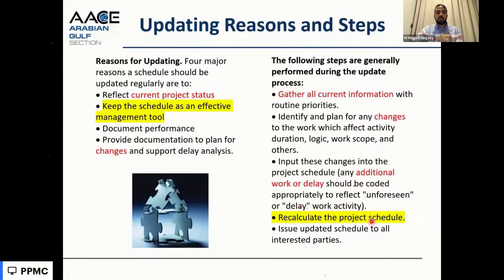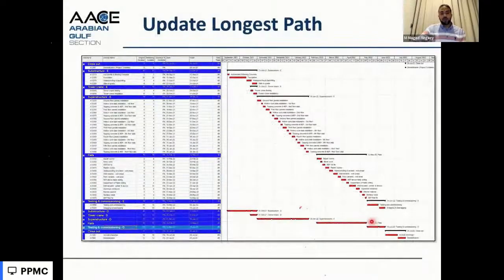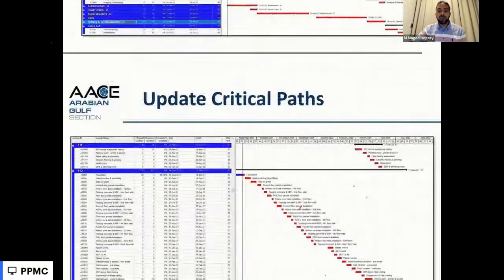So we know the progress percentage, the remaining activities, the remaining scope, and the new critical path based on the update. So we'll find in the update a different longest path. Here, the longest path goes to E and D only, without going to the substructure of ABC as in the original one. So the critical path changes with time as per the updates.